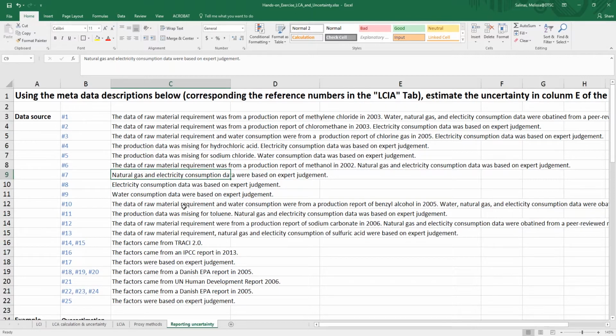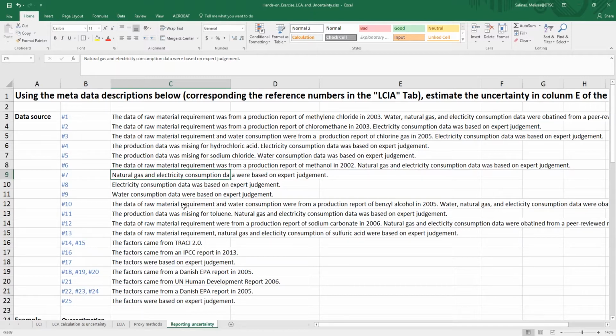So the question is, when the data source is expert judgment, is it expected that one would provide references or rationale? That's a good question. I have seen personal communication as a reference.